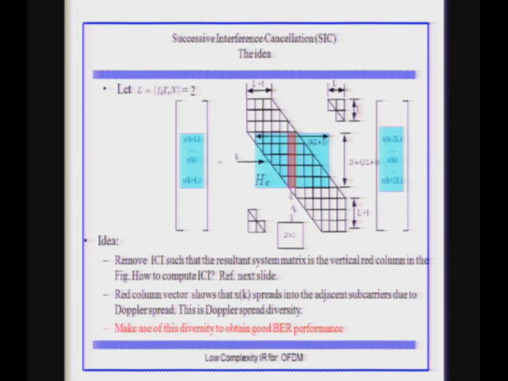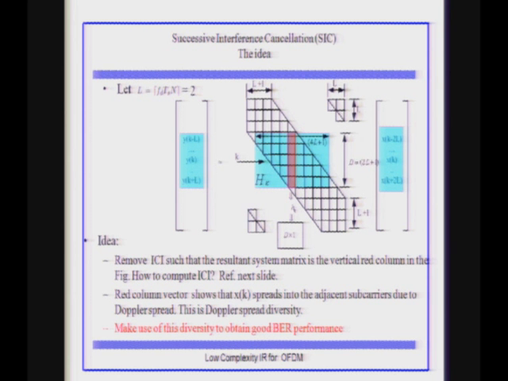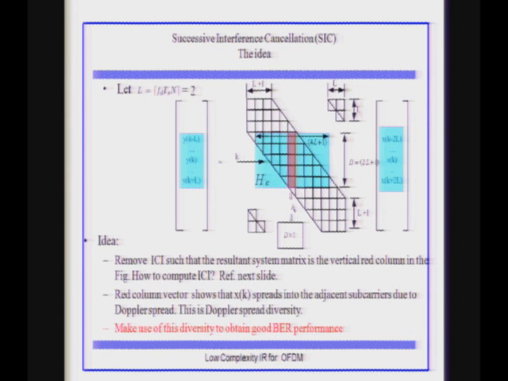You have NH multipath. So these coefficients are not exactly independent, but they are not highly correlated. Besides the diagonal elements, you have these off-diagonal elements, and these elements are generally different from each other.